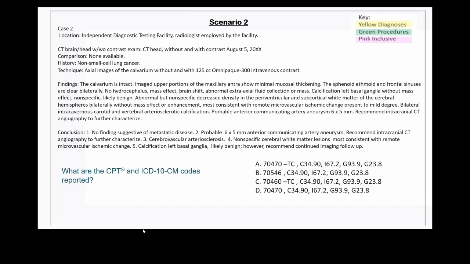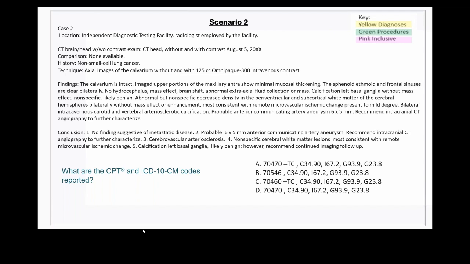Bilateral intracavernous carotid and ventral arteriosclerotic calcification. Probable anterior communicating artery aneurysm, 6 by 5 millimeters. Recommend intracranial CT angiography to further characterize.